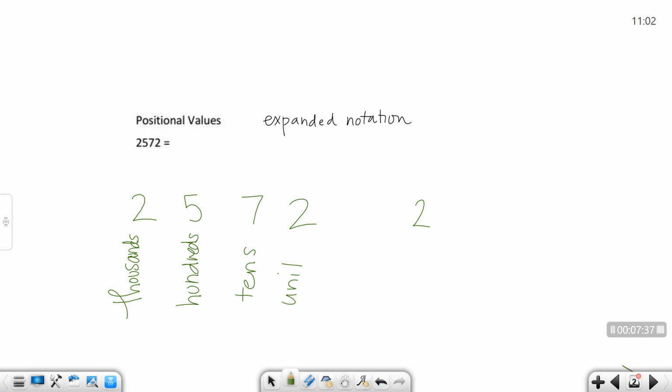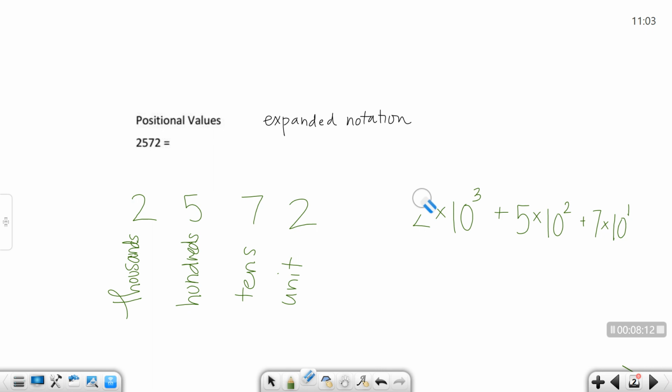2 is in the thousands place. I'll explain what that means in a second. 5 is in the hundreds place. 7 is in the tens place. And 2 is in the units place.